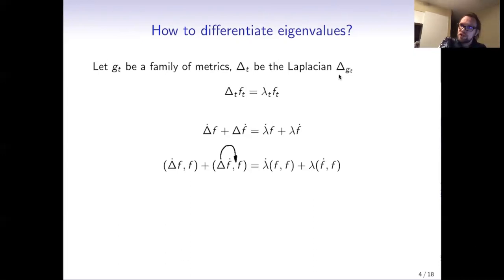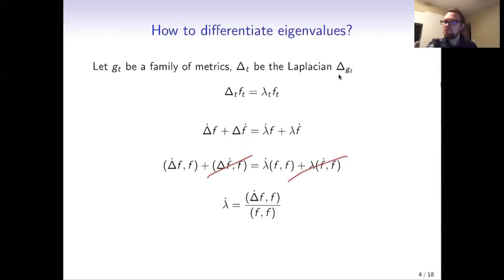Then you get f dot with Laplacian f, but Laplacian f itself is lambda f. So those two terms are actually the same, and so they cancel out.